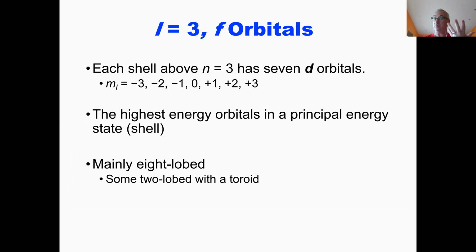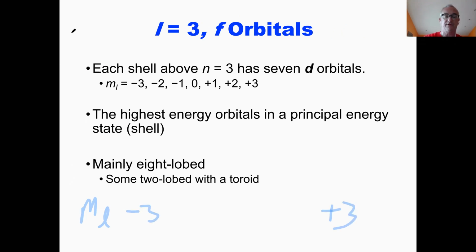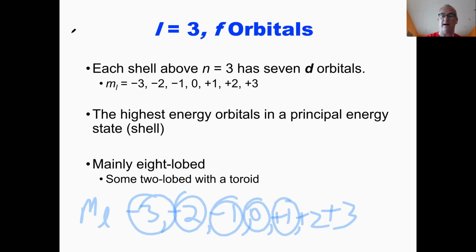And then the f orbitals, then we get into the really weird stuff. So remember, l equals 3 now. And so m sub l is going to be from -3 to +3. And what's in between? -2, -1, 0, +1, +2. So there's 1, 2, 3, 4, 5, 6, 7 places to put electrons, 7 orbitals.